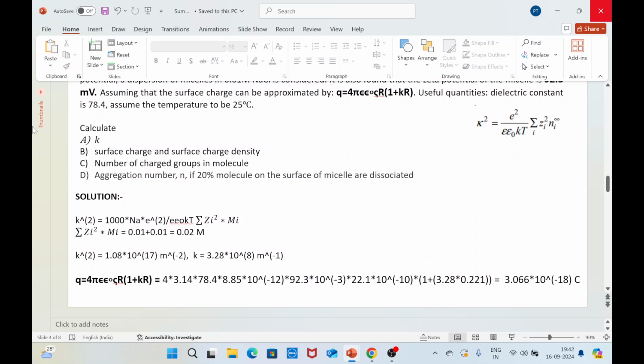So the Q that you obtain is the total amount of charge present in the micelle. Now you want to calculate how many charge groups are present for one molecule.